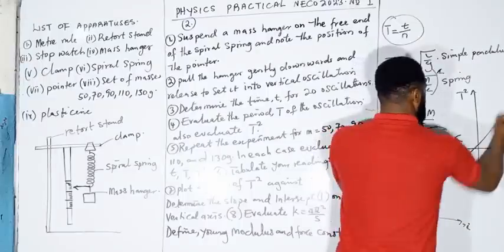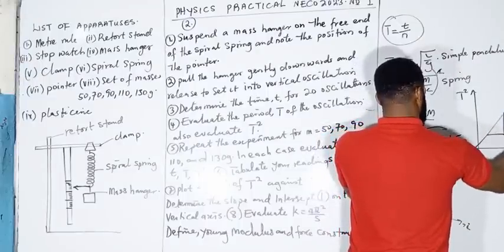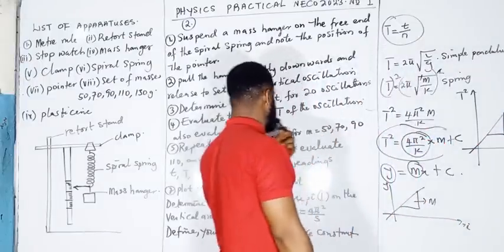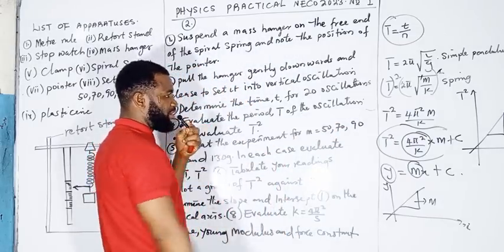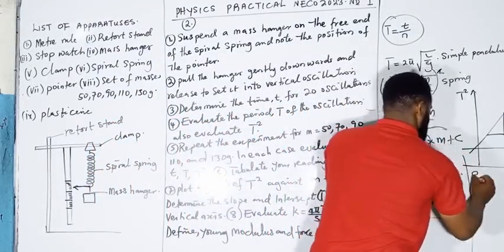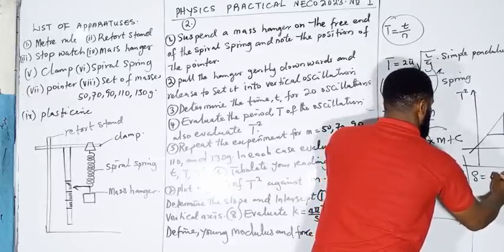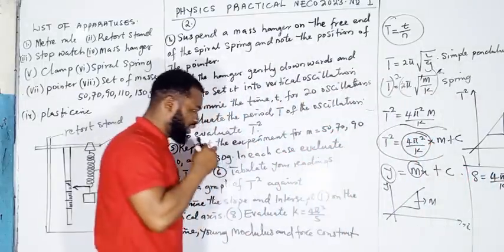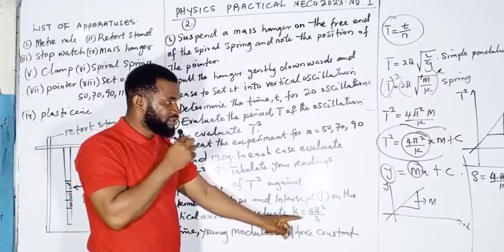Therefore, the slope you are going to have is going to be given as 4 pi square over k. So that is going to be our slope. Therefore, if I do my experiment and get s equal to 4 pi square over k, then they say I should evaluate this. What is that k?